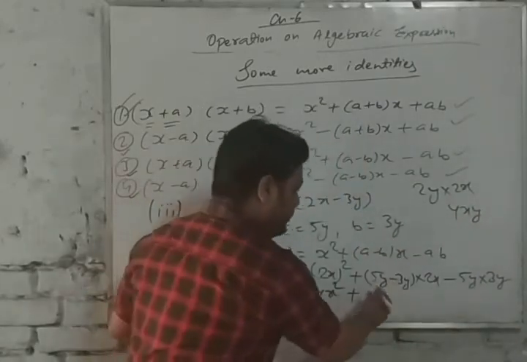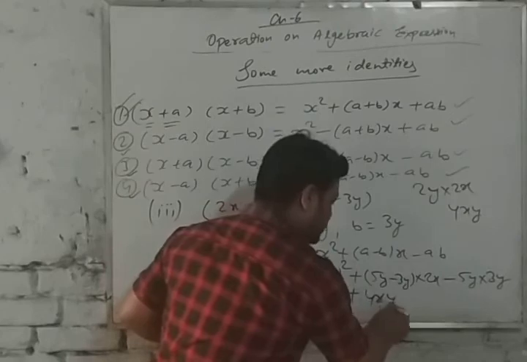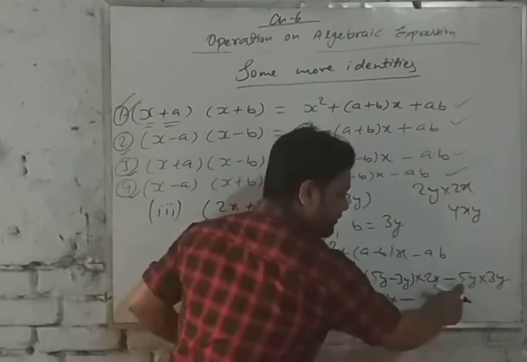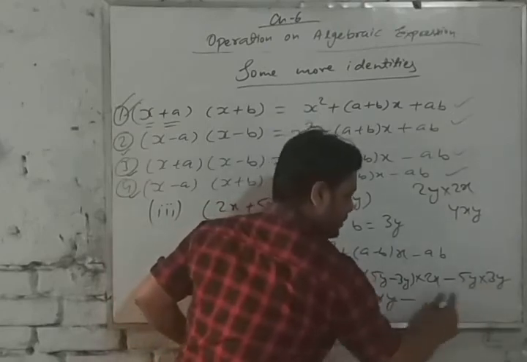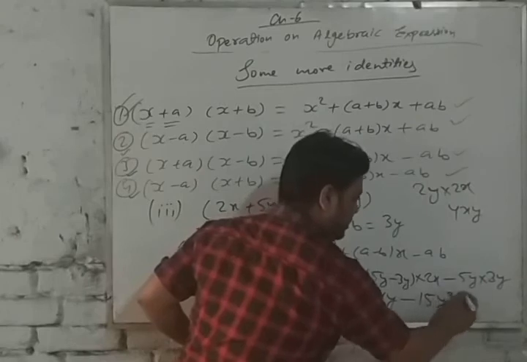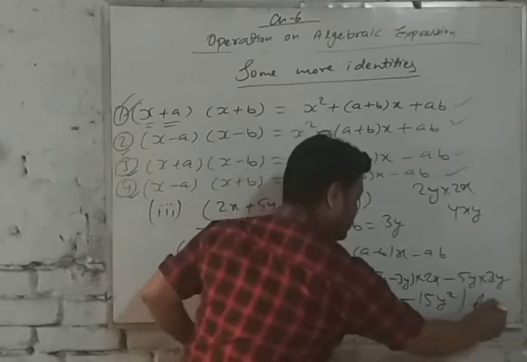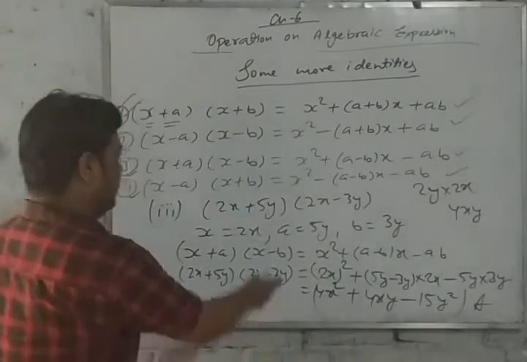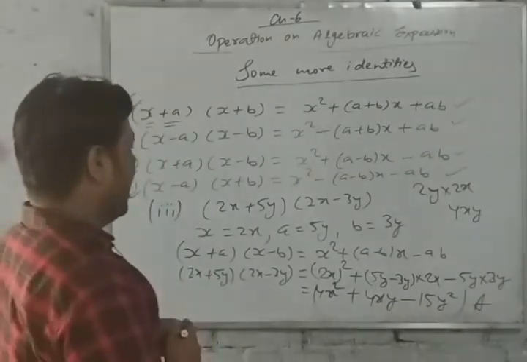So the value of this will be 4xy, and here minus, at first constant terms multiply, 5 times 3 is 15, and y into y is y square. So this one will be our answer by using the third identity.